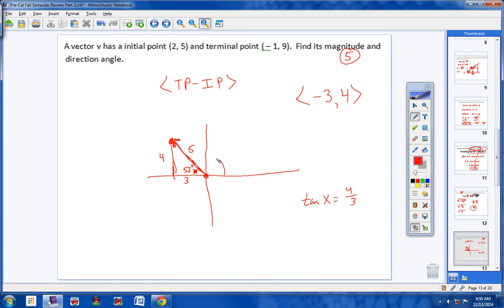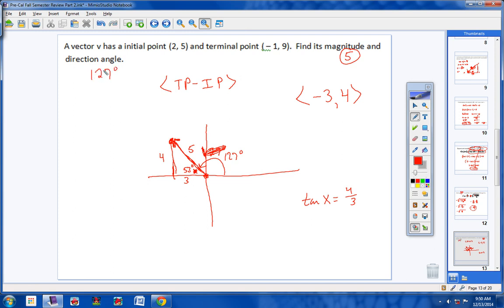So from here to here then, my answer is going to have to be 127 degrees, because 127 plus 53 gives me a total of 180 all the way around. So there we go. My magnitude's 5. My direction angle is 127 degrees.